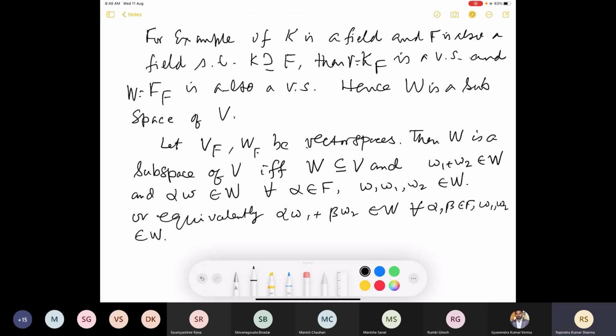You can take for W1 plus W2 alpha, beta as 1, and for the other one beta can be 0. In that case, this is simply alpha W. So they imply one another, and these two conditions are equivalent and easily true.